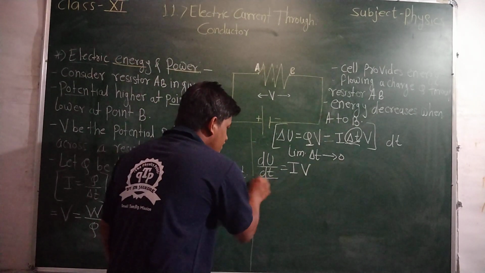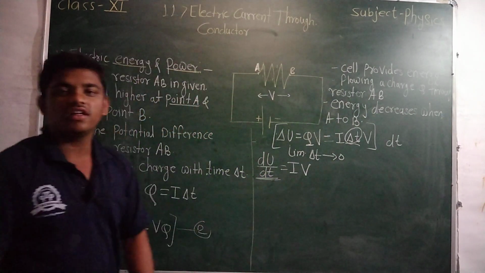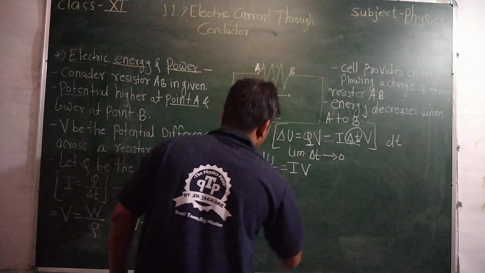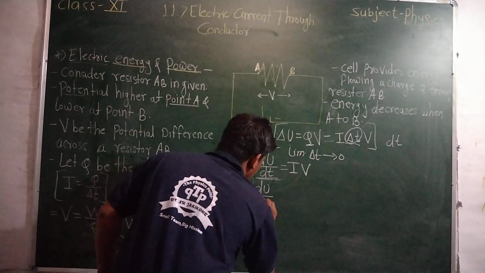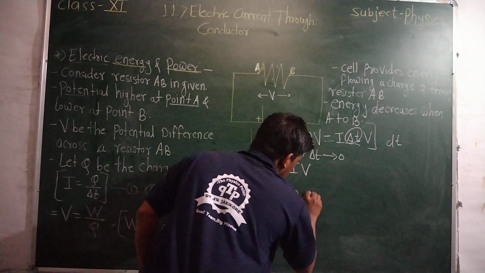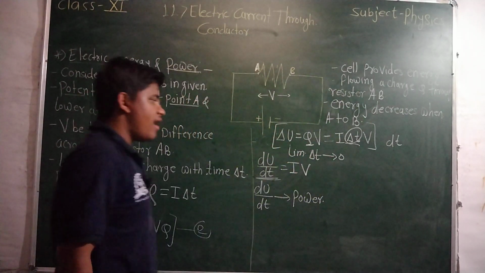And this is the change in internal energy, or change in energy with respect to time. It gives the power. Then dU by dt is the power.